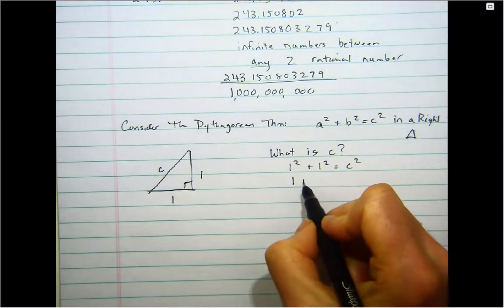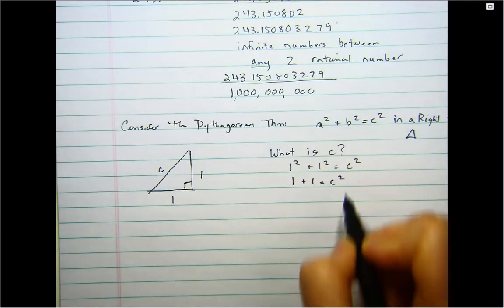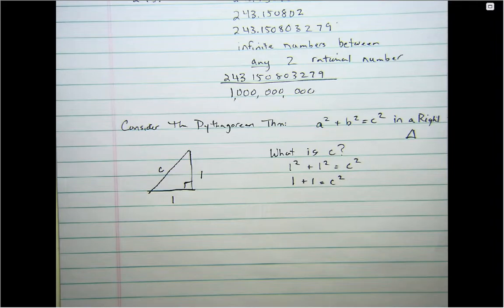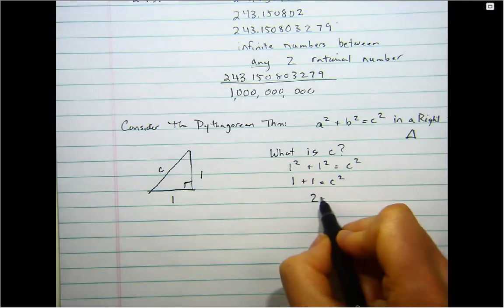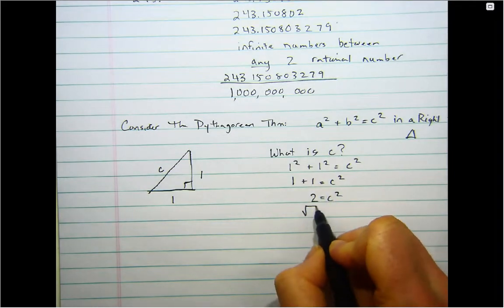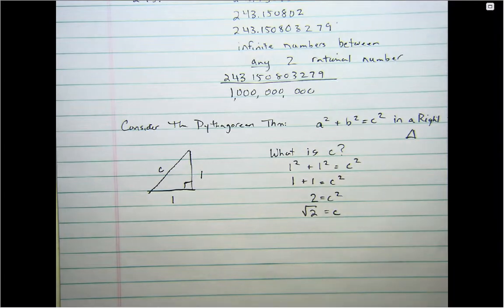So 1 plus 1 is c squared, because 1 squared is 1 times 1. So 2 is c squared. So the square root of 2 equals c. So the Pythagoreans focused on the square root of 2 in their quest to show that all numbers are rational.